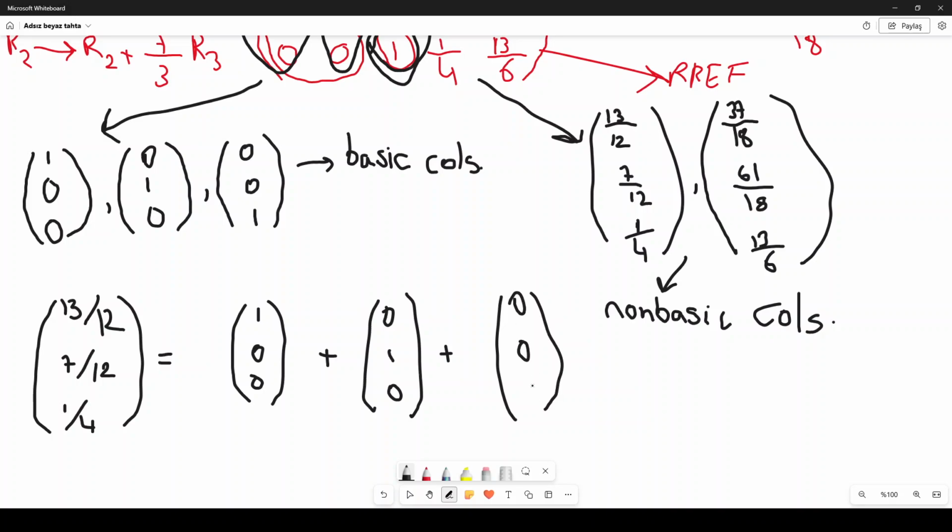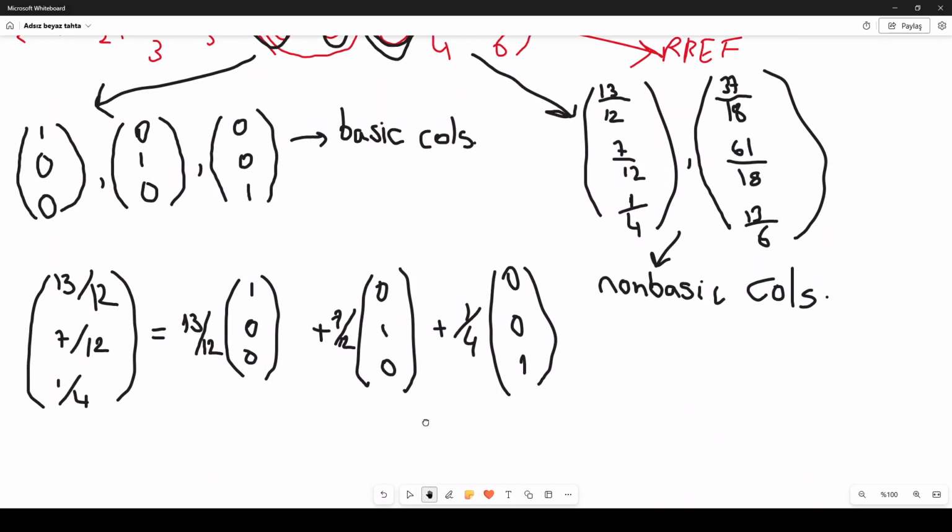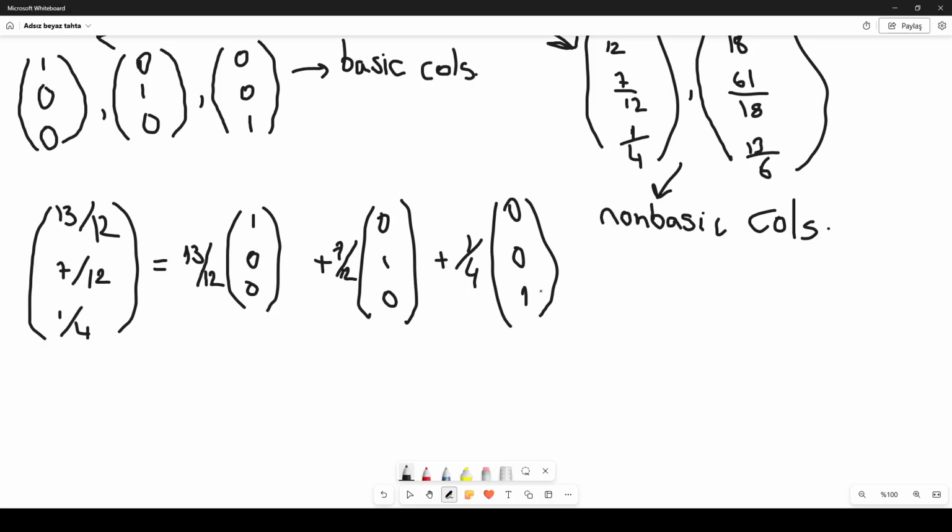As you might notice, it is really possible. That's because if we select the coefficients of these basic columns, for instance, 13/12, this one is 7/12, and this one is 1/4, then we can express our non-basic column.